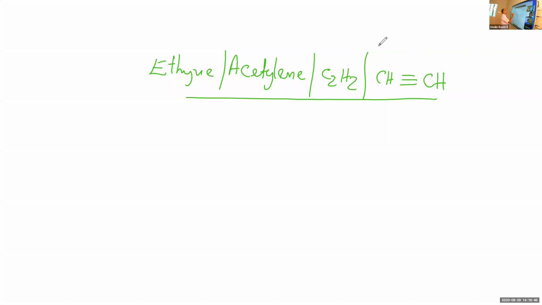You take the ground state of carbon, as before. Ground state of carbon is 1s2, 2s2, 2p2.